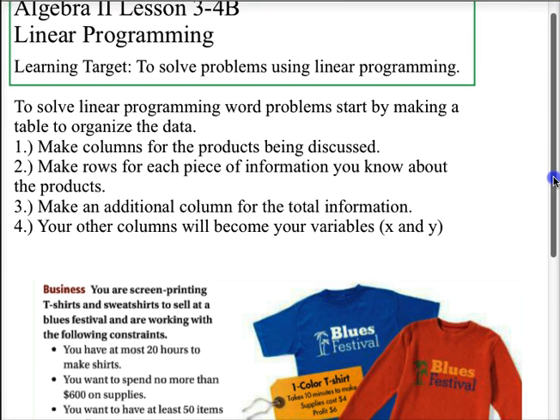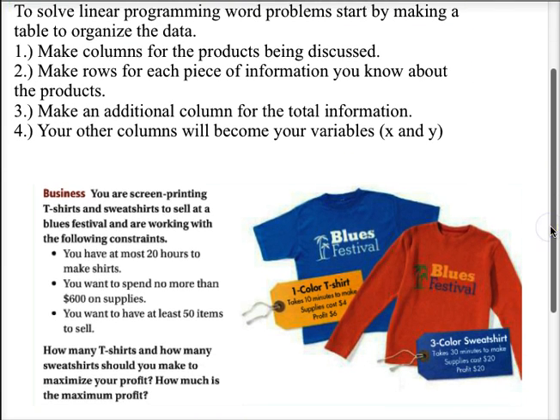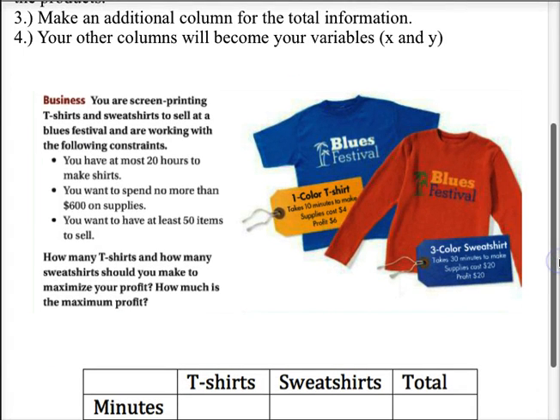So the easiest way to perform these linear programming problems is to make everything into a table. Usually you're going to be talking about a certain product, okay? Those products you turn into your columns. In this first one, our products are going to be t-shirts and sweatshirts, so that's going to line up across the top plus a totals column.